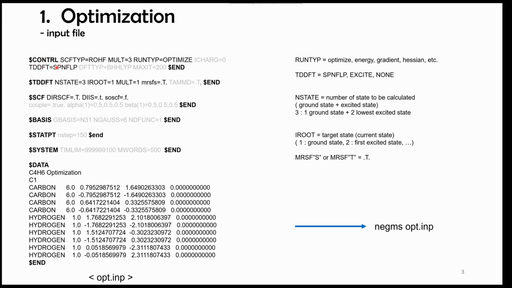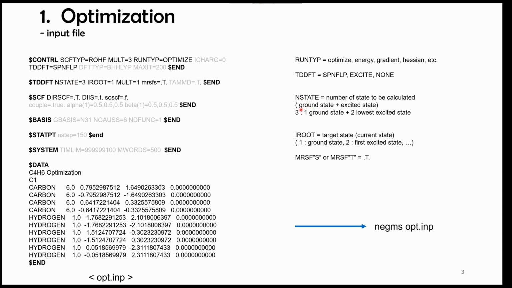MRSF uses spin-flip TDDFT, so just give spin flip and give the DFT functional and the maximum iteration of the SCF cycle here. And then in this TDDFT group, NSTATE means the total number of states to be calculated.